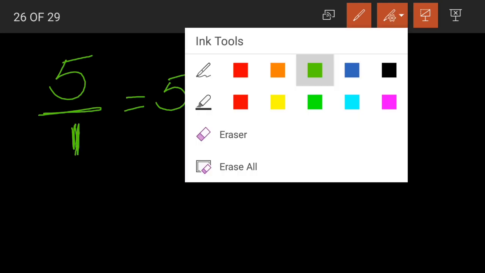When we divide any number by 1, the answer will be the number itself. 5 by 1 is equal to 5, so we simply write 5. It doesn't mean that 5 does not have a denominator. 5 has this denominator 1, which we do not write every time because we know 5 divided by 1 is nothing but 5 only.